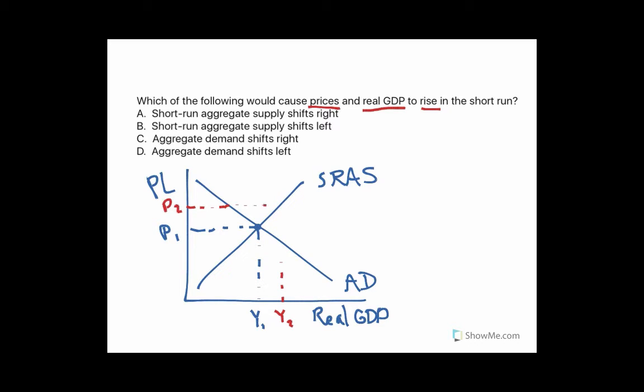And if you sort of cross these lines, eventually you'll realize that they meet up at an equilibrium somewhere up here. If we only want to shift one curve, the only way we're going to get from here to here is by shifting aggregate demand to the right. So that's choice C.